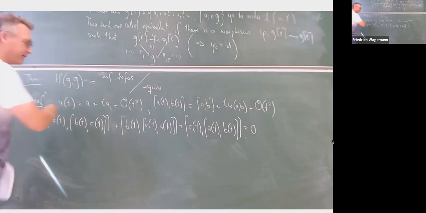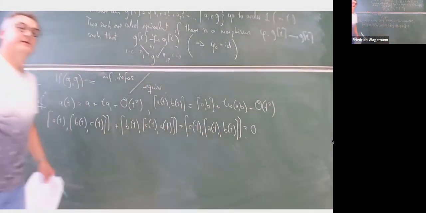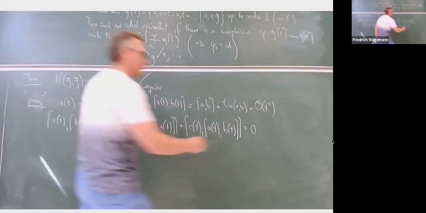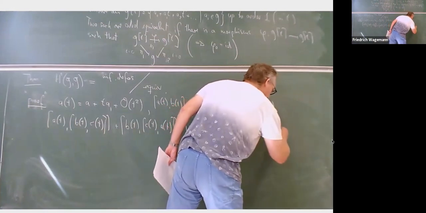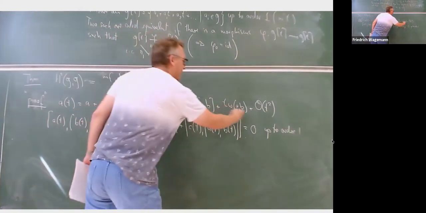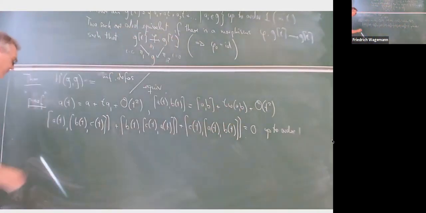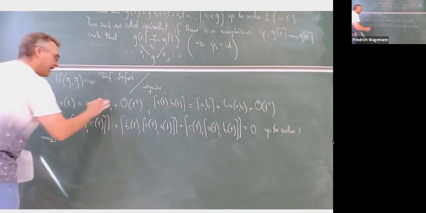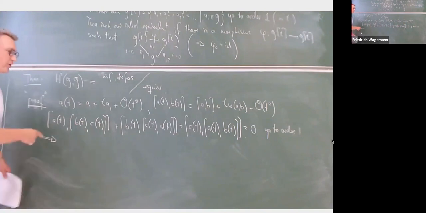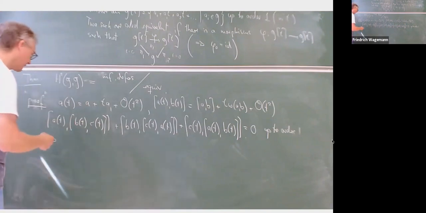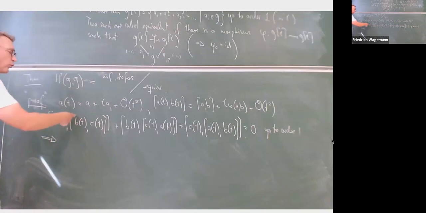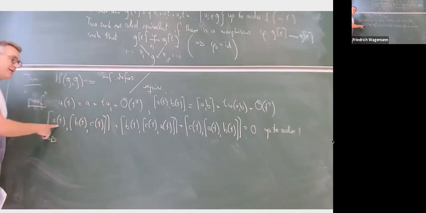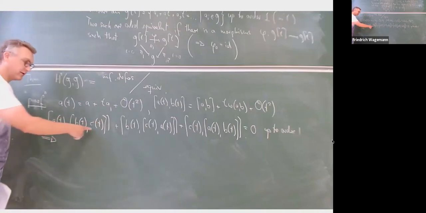When you write down the Jacobi identity, which should be true up to order 1 in t, then you get the cocycle identity for omega, because you can choose only one term in t of these three.